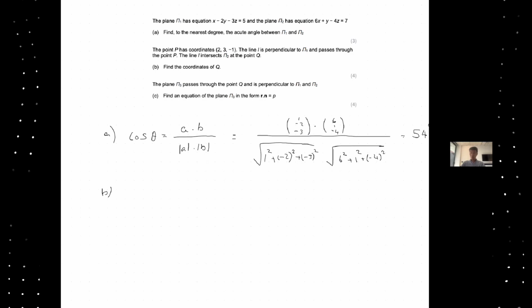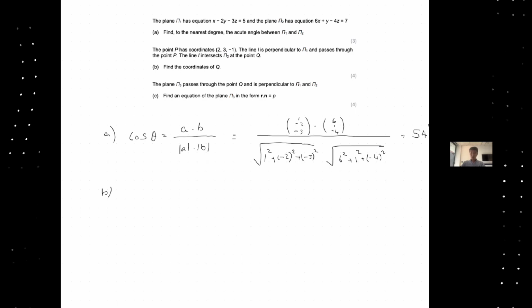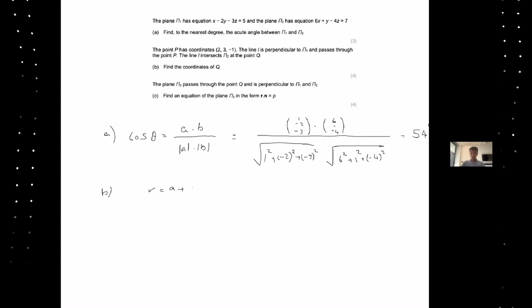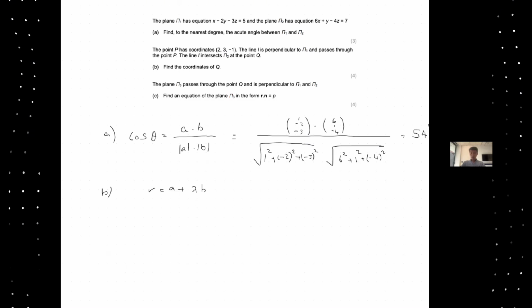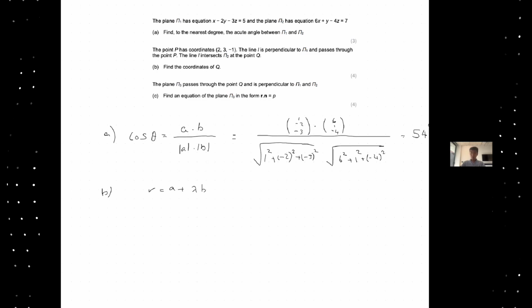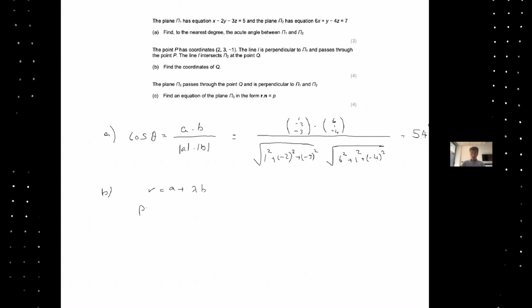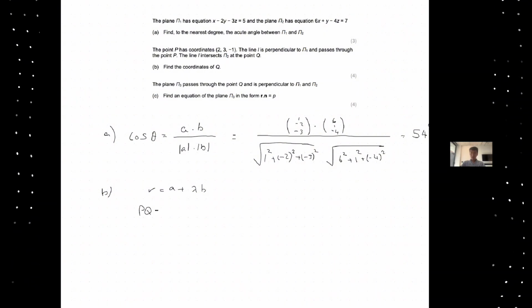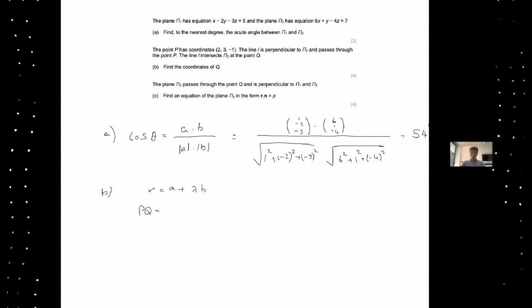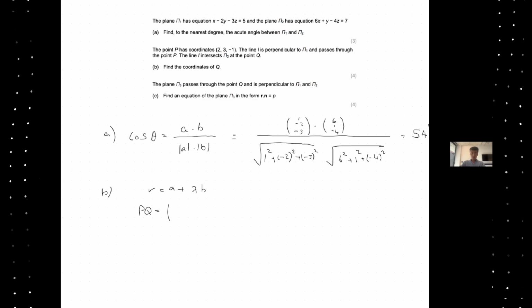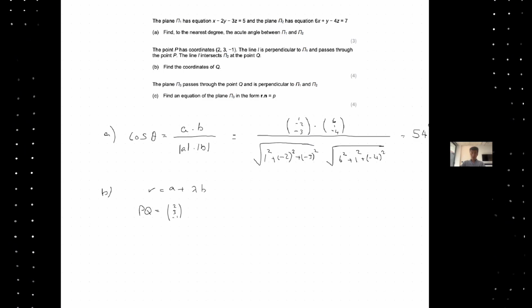We literally just did the equation of a line as r equals A plus lambda B. And I know 2 points on this line, right? That's going to be P and Q. So A can be just any point, either P or Q. I don't know Q, so I have to pick P. So that's 2, 3, minus 1, plus lambda.